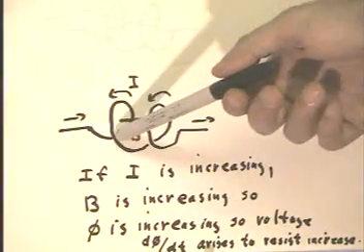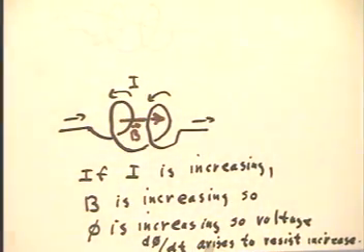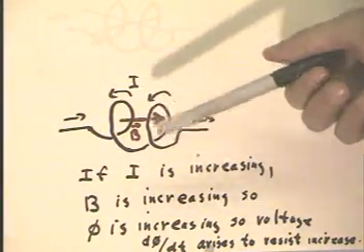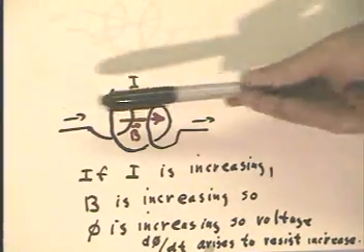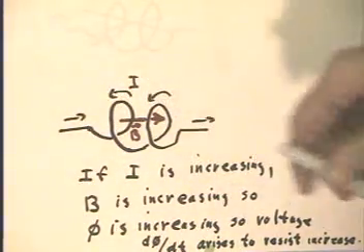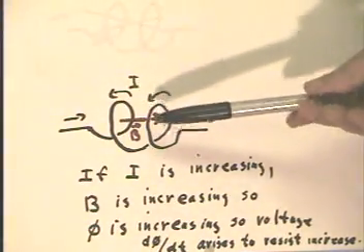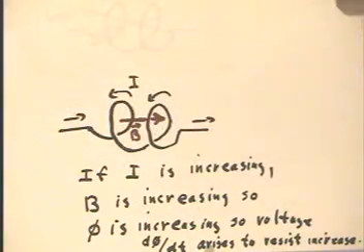If you get very careful about the direction of the flux through here, we see that as the flux increases, it induces a voltage in this direction. So the voltage from the source is pushing this way. The voltage that we get from the changing flux pushes back this way.